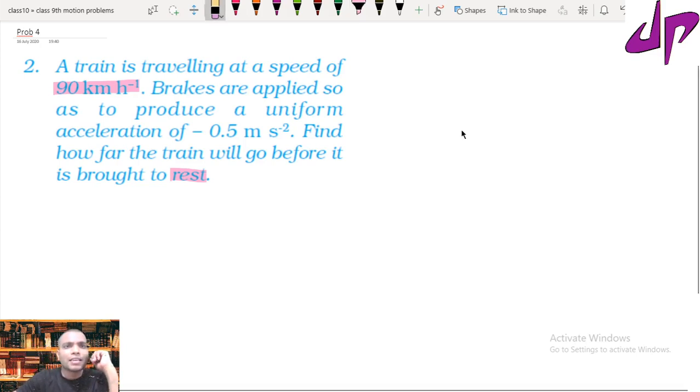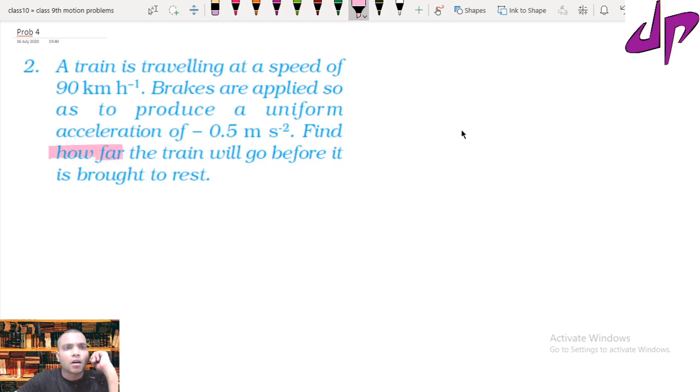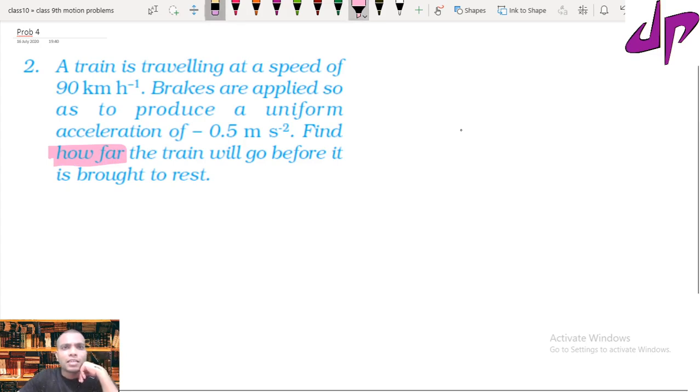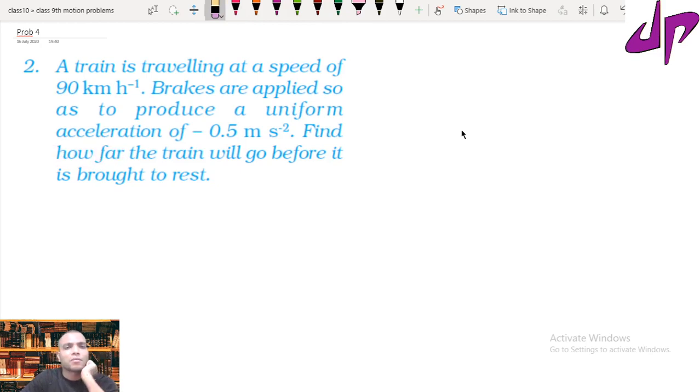So here they are asking in terms of a word that is called how far. How far means how much distance. So there are certain hidden words there, and you need to understand those words carefully.